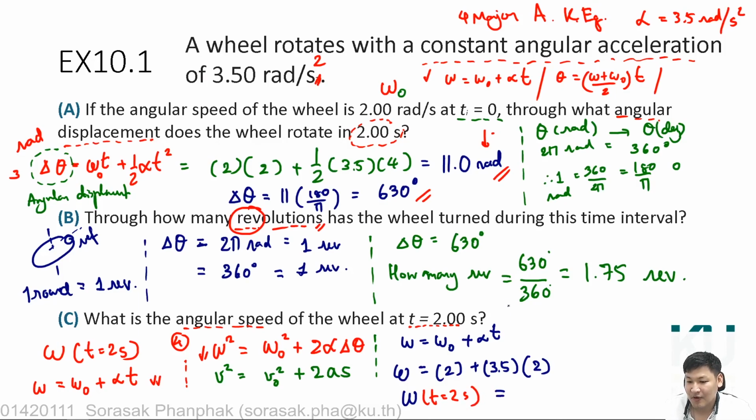As the final value, it is 9.00 radians per second. Make sure you have the right unit. You may write radians per second or per second, it will be fine.